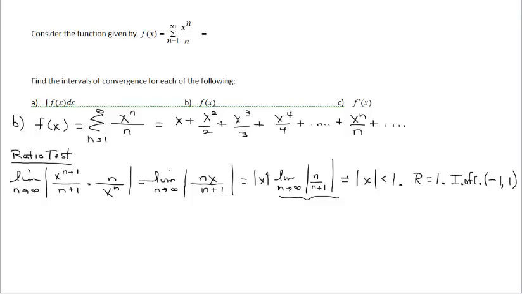Okay, so all we have to do to find the interval of convergence now is test the endpoints. I'm going to start with x equals -1. Meaning when we go back to the original function, when x is -1, would that series of constants converge or diverge? If we have (-1) to the n over n, this is an alternating harmonic series.